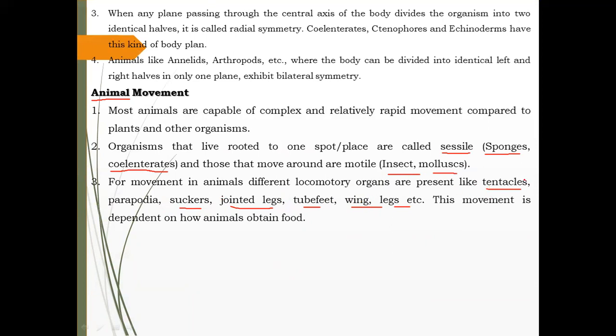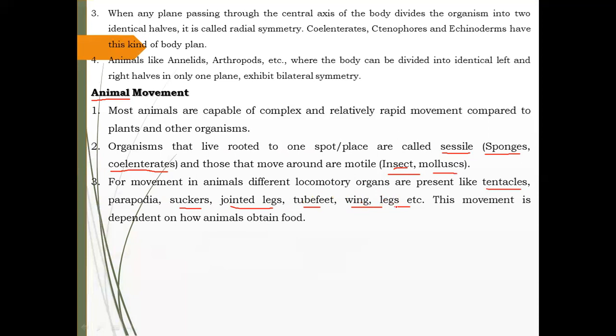For example, tentacles, parapodia, suckers, jointed legs are present in insecta. Feet and wings, for example, birds use these wings. They easily locomote, or show movement from one place to another place.